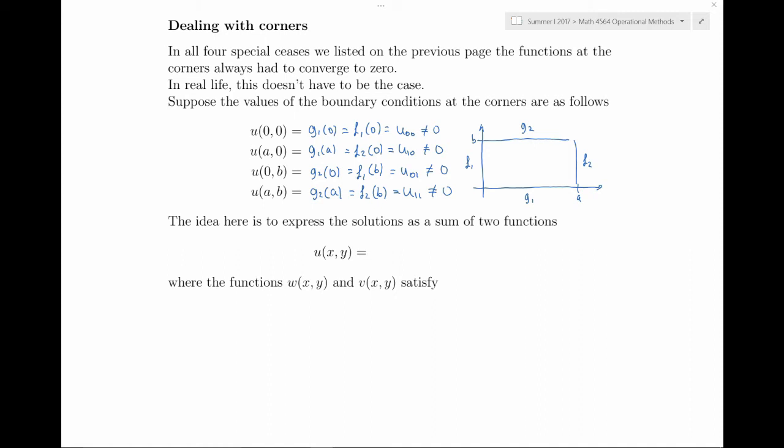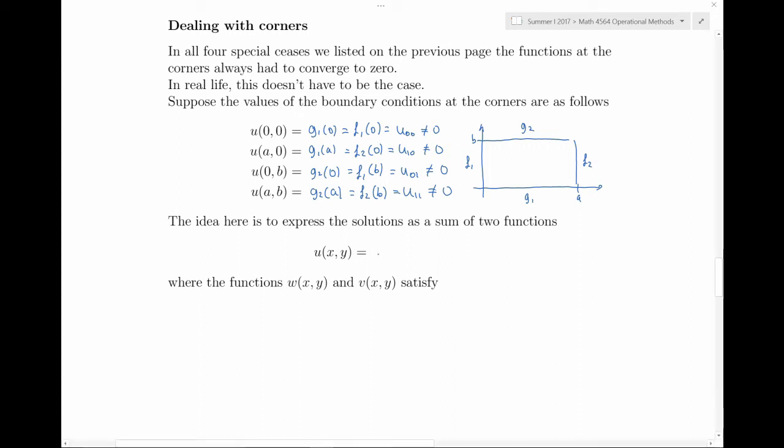Well, the solution here is to reduce the problem to the problem with 0 corners. That means I have to subtract something from the function u, or write it as an addition of 2 functions, so that one of the functions has all of the corners at 0, and the other function has corners non-zero, yet it doesn't break the fact that the summation of those 2 functions solves the differential equation.